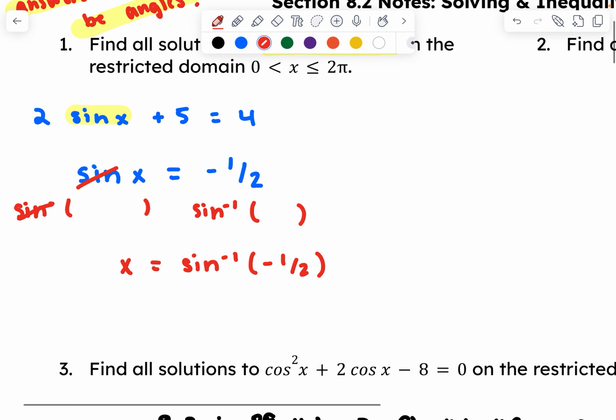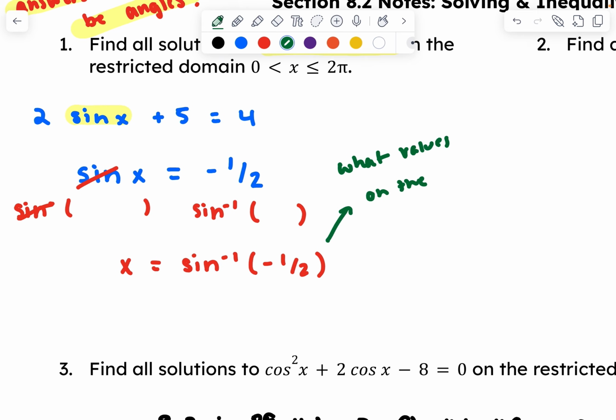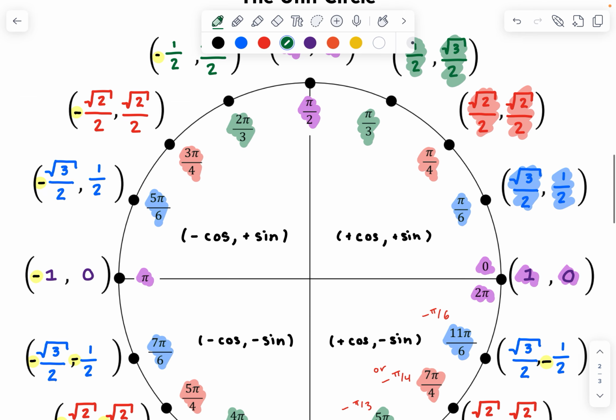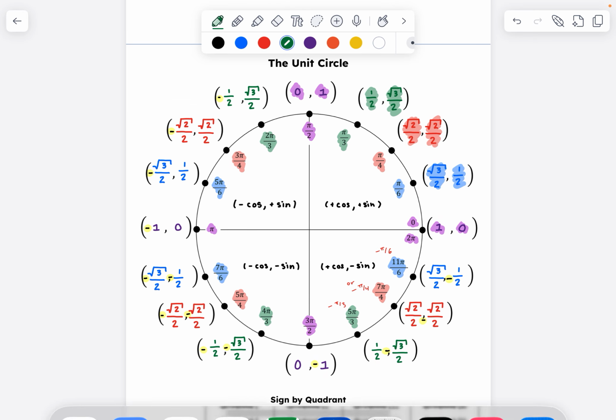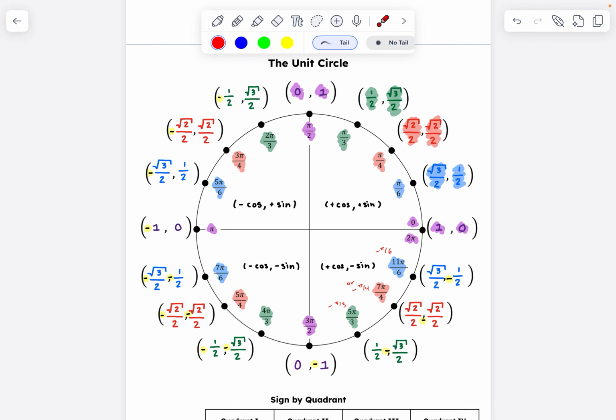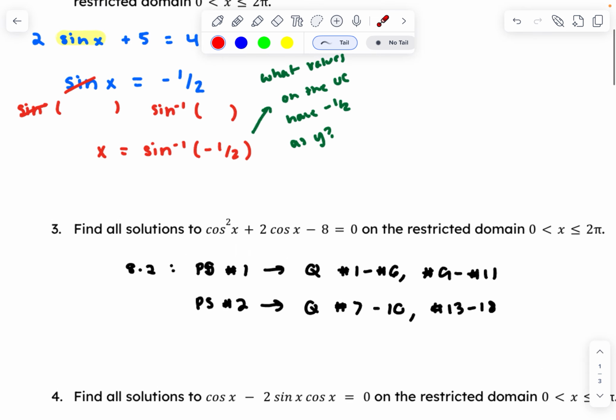So in this case, I'm going to ask myself, what values on the unit circle have negative 1/2 as y? Hopefully you've memorized your unit circle, but if not, we can go down here and I can quickly take a peek at my unit circle, and I can see that 7 pi over 6 and 11 pi over 6 are the ones that have negative 1/2 as their sine value.